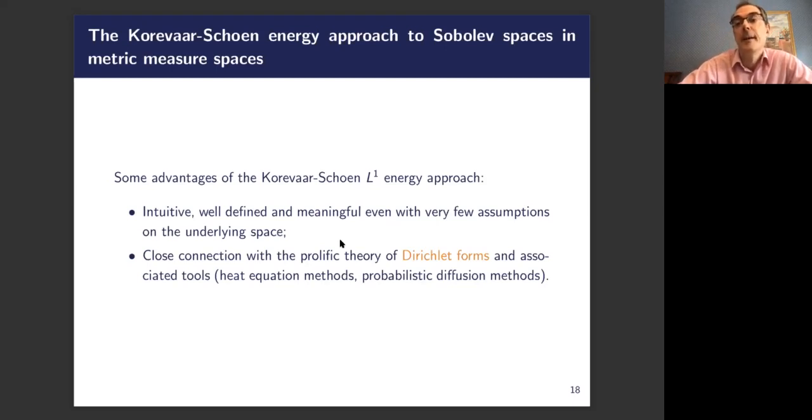That is, the correlation approach to BV functions is very closely related to the theory of Dirichlet forms. And I'm going to show you some of the connection and some of the ideas that we can use to study BV functions and therefore sets of finite perimeter using the theory of Dirichlet forms, which is an L2 theory.